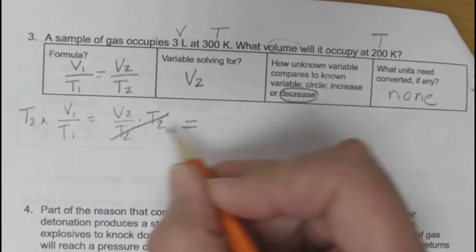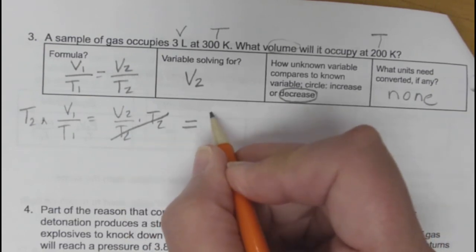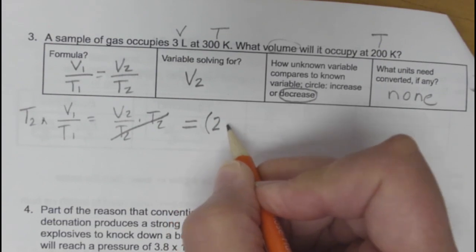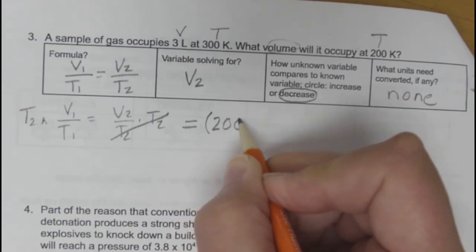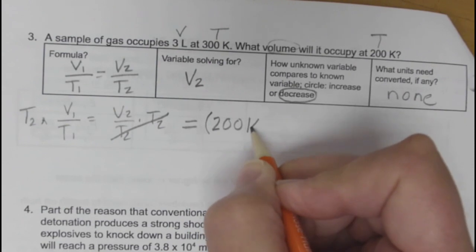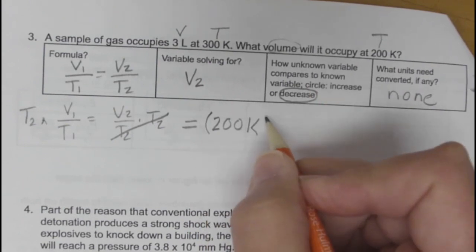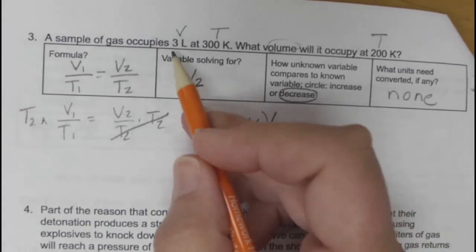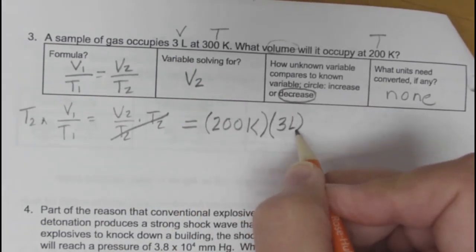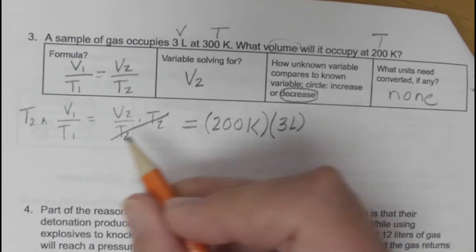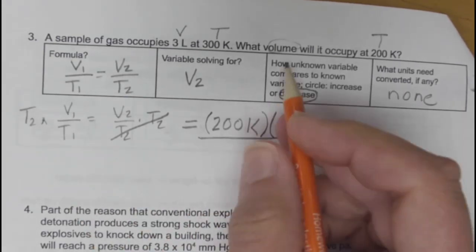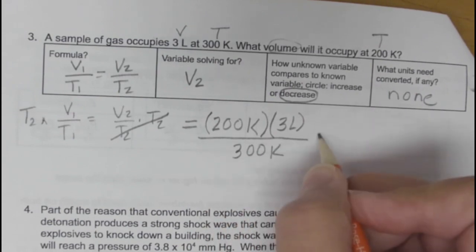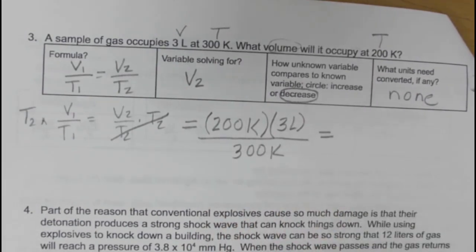So V2 is equal to T2, which was 200 K, times V1, the initial volume was 3 liters, divided by T1, the initial temperature was 300 K, and we're going to get V2.